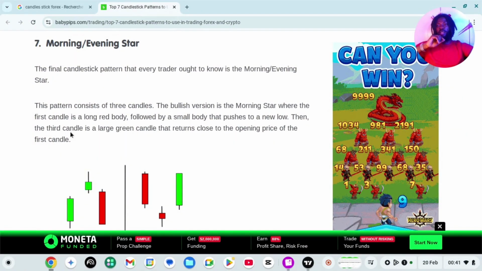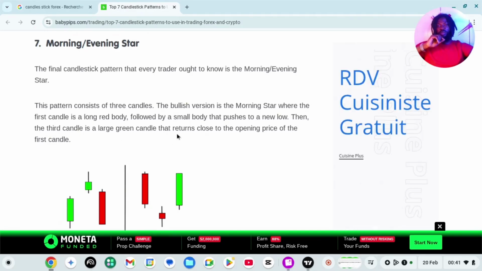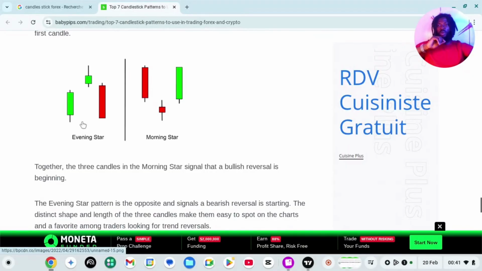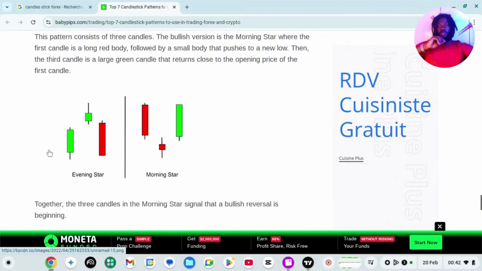Then the third candle is a large green candle that returned close to the opening price of the first candle. This is the morning star: firstly, we have a small candle, and the third one is the bullish engulfing.